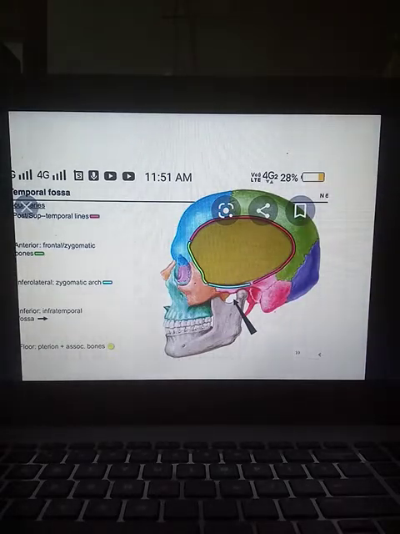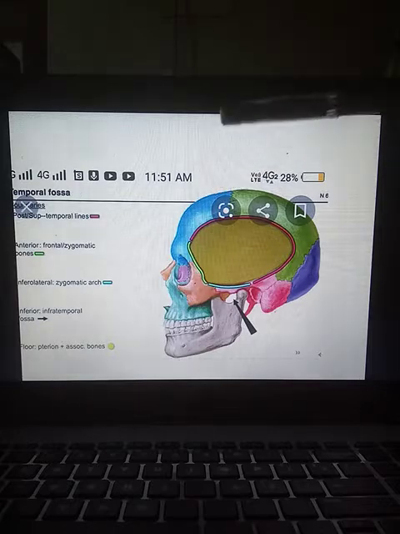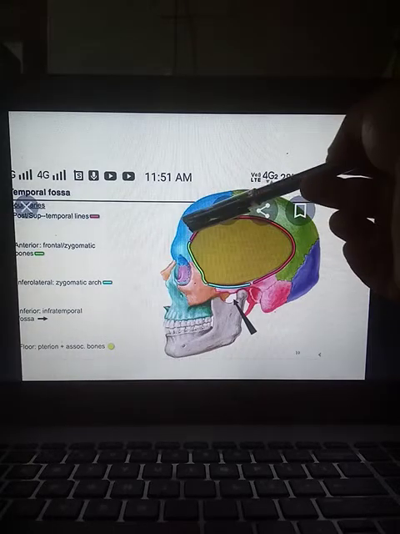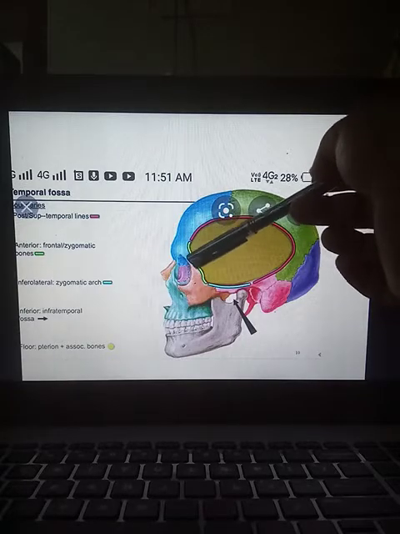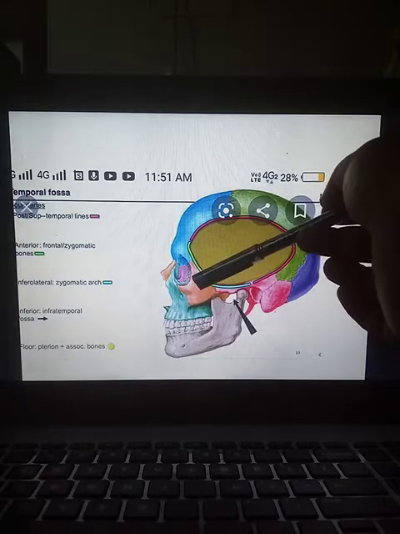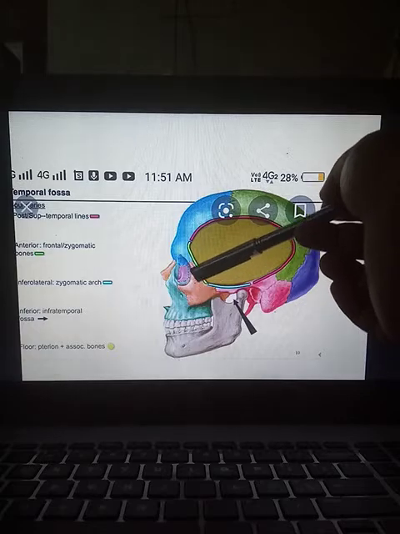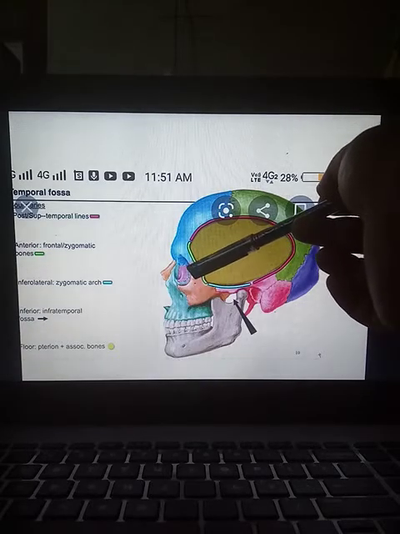If we go to the boundaries, anteriorly what will you come across? This is your frontal bone. So anteriorly you will be having the frontal bone, and inferiorly but anteriorly you will be having the zygomatic bone.